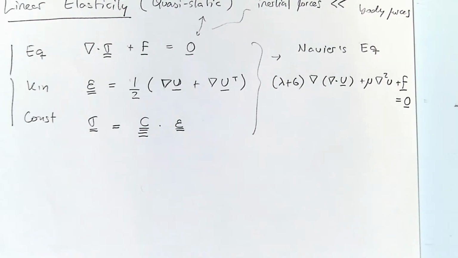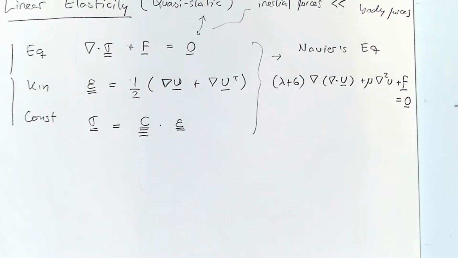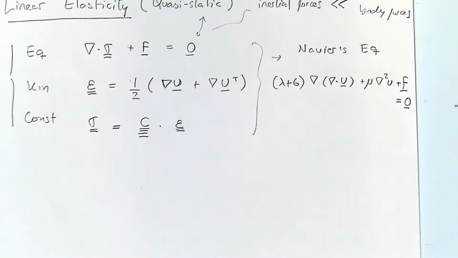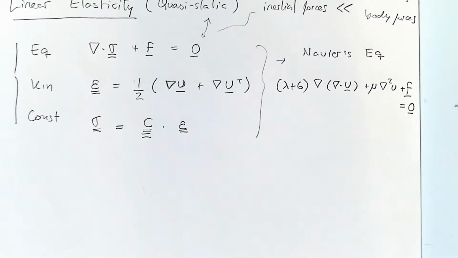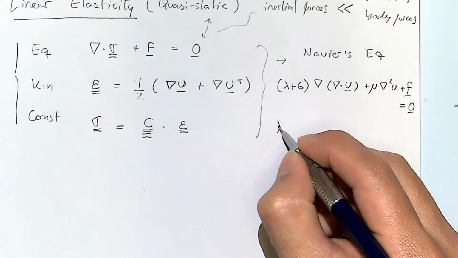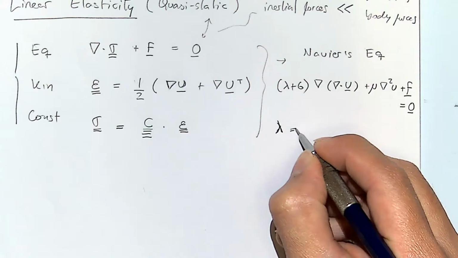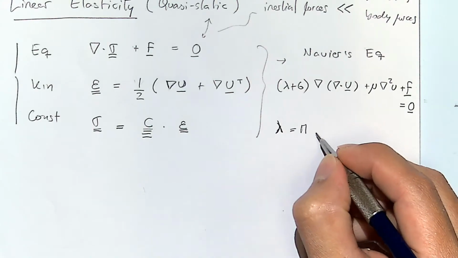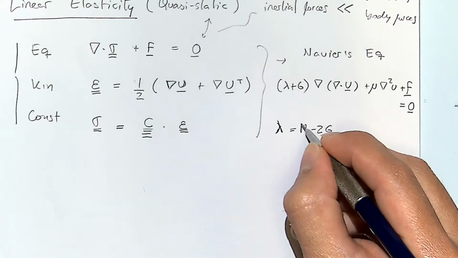Well, in that equation we use what are called the Lamé parameters. That made the derivation a little bit easier. We're going to come back now and use other parameters that are going to make the derivation of the wave equations also easier. And this first Lamé parameter, lambda, we can express in terms of the constraint modulus and the shear modulus.